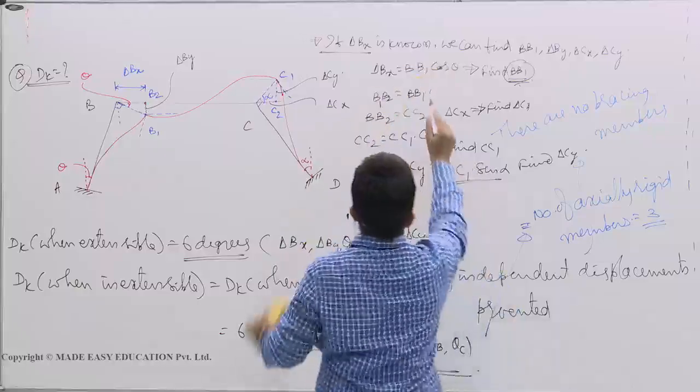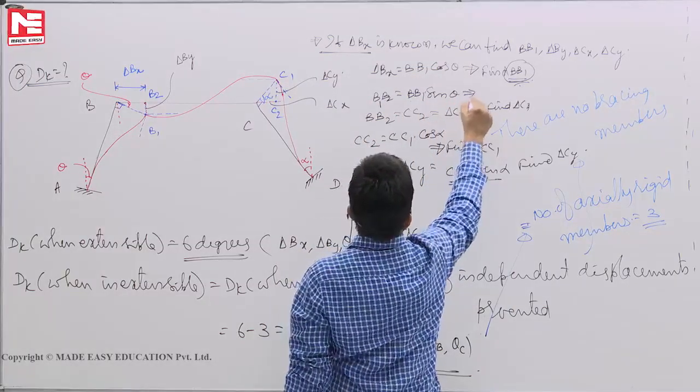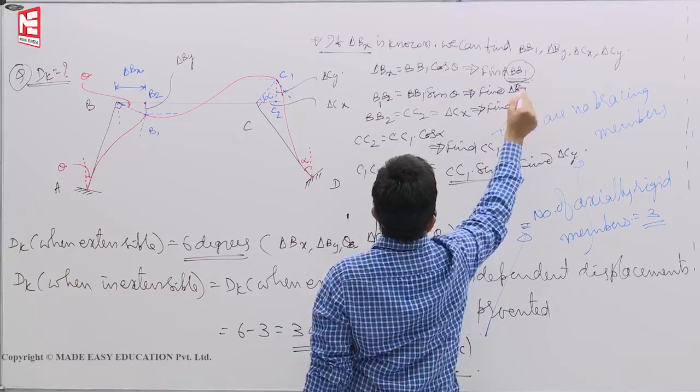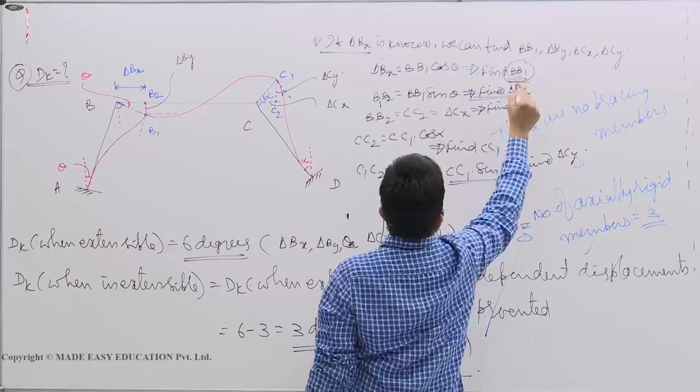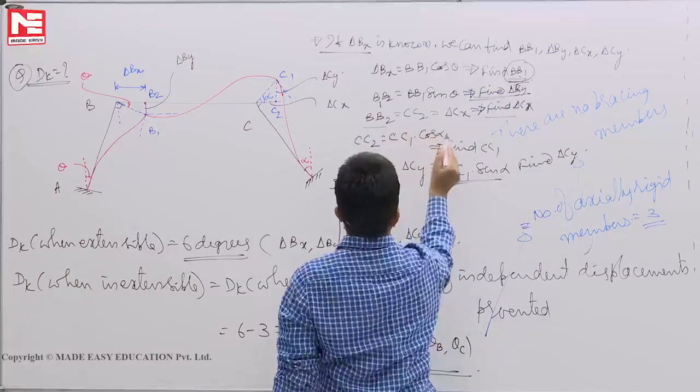You see here, BB1 sin theta, so find delta By. Then delta Cx is the same as BB2.